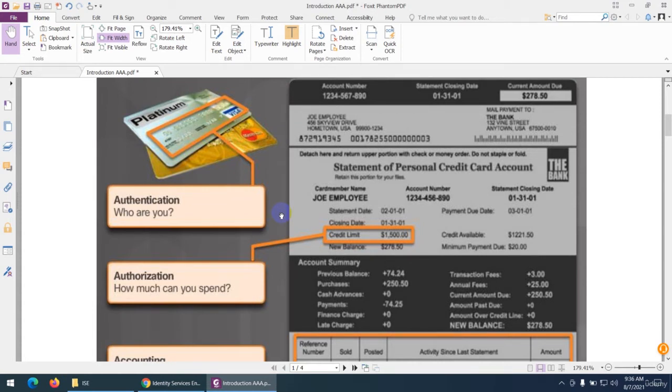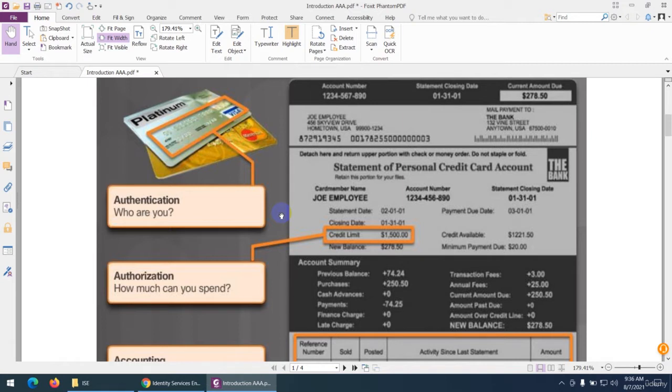Normally I give an example to my students about a debit card or a credit card. Whenever you try to use your credit card or debit card, first, when you go to an ATM machine and you put in your credit card, it will ask you to put in your PIN number. This is called authentication.